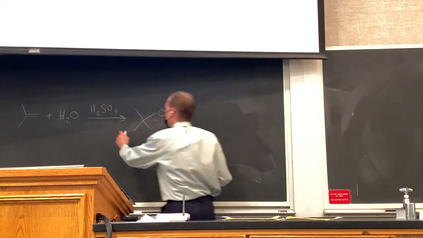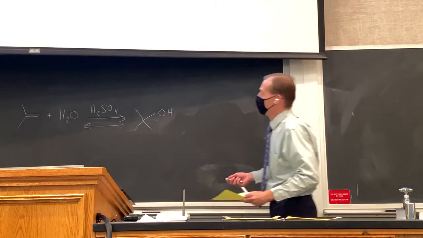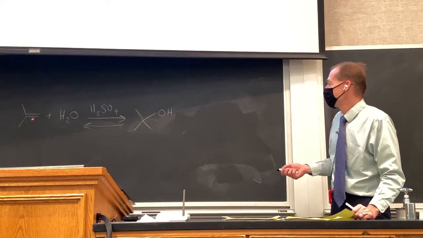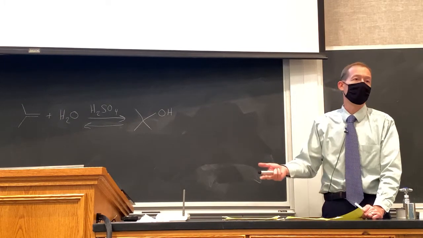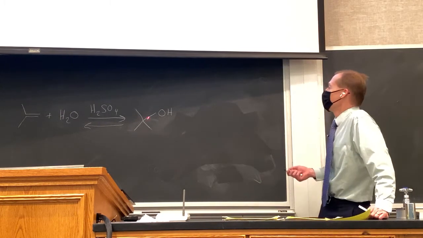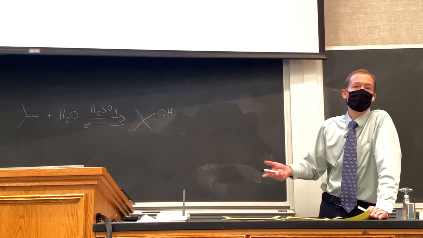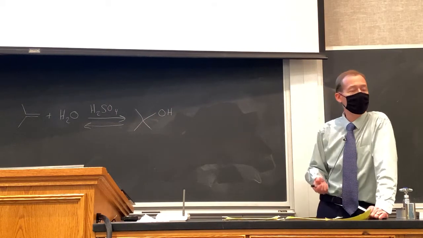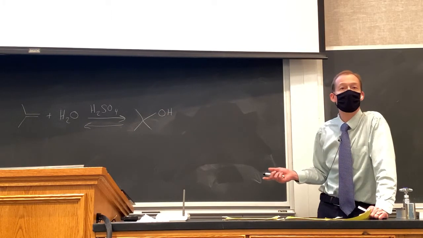So this reaction is in fact reversible. We can react alkenes with sulfuric acid in the presence of water to obtain alcohols. And we can react alcohols with sulfuric acid and obtain alkenes in water. This is a reversible process. In which direction does the equilibrium lie? To the left or the right?